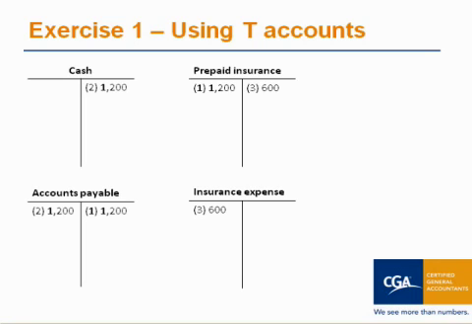So we would recognize that we are acquiring an asset of prepaid insurance, and we would increase our asset by debiting prepaid insurance by $1,200. We also must recognize that we have a liability that has arisen on the receipt of this invoice, and we will credit accounts payable for $1,200, thereby increasing our accounts payable balance by $1,200.